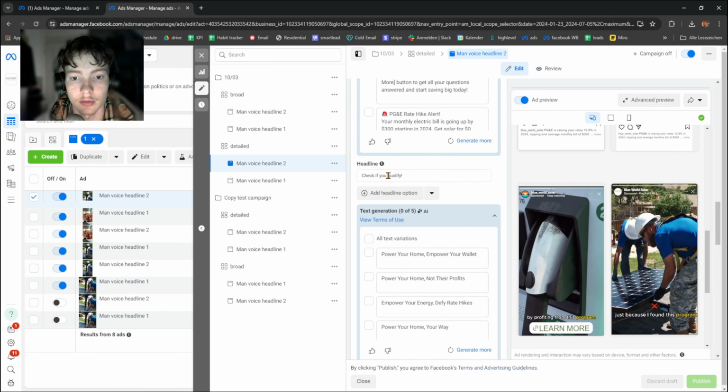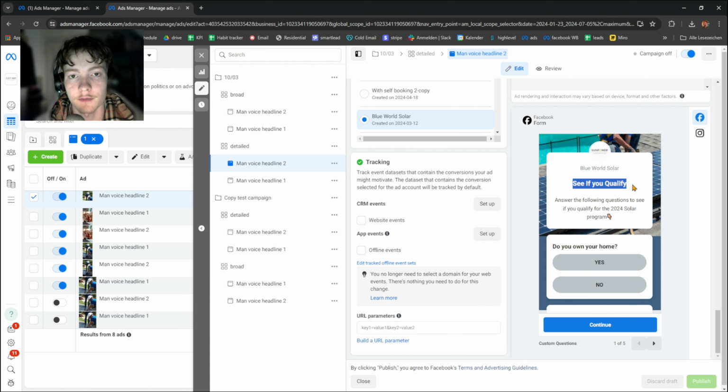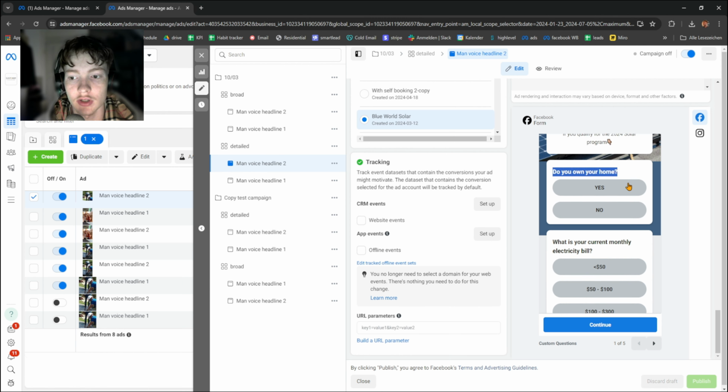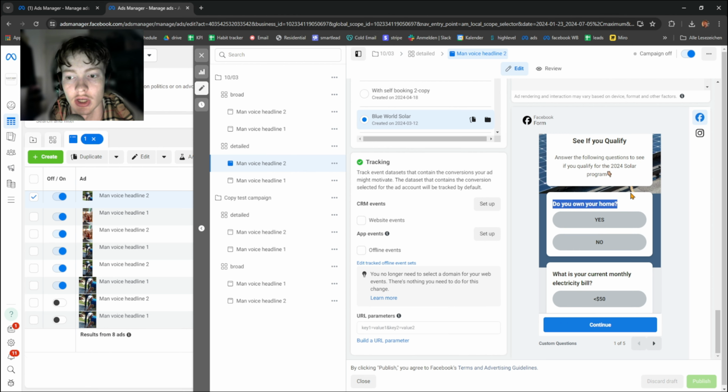Here, "Check if you qualify" is my headline for this ad, and it's also pretty much the headline for the form, so you want to match this. And then here's also this little instruction text, and then you have questions. So if your link clicks are not converting into leads, so your form conversion rate is very low, then you might have the wrong questions in there. You may have too many questions. I would recommend doing 2 to 3 questions at most.